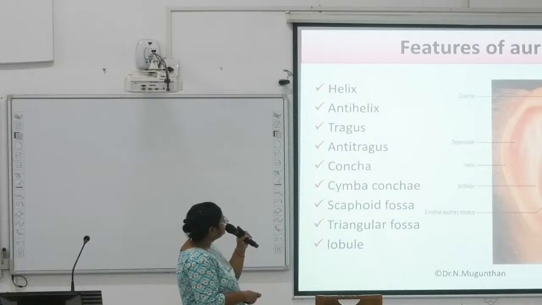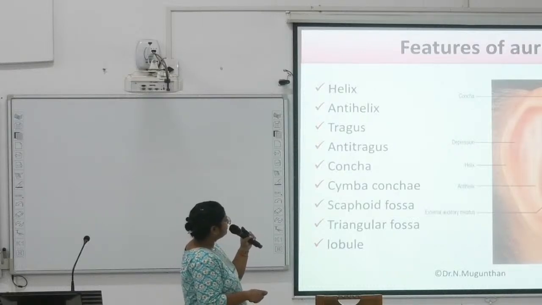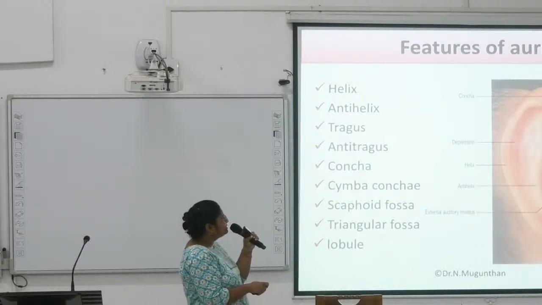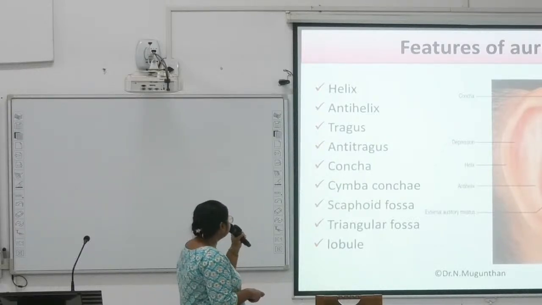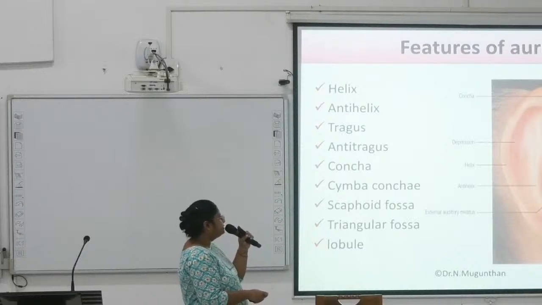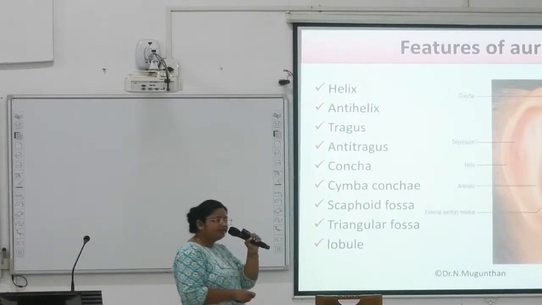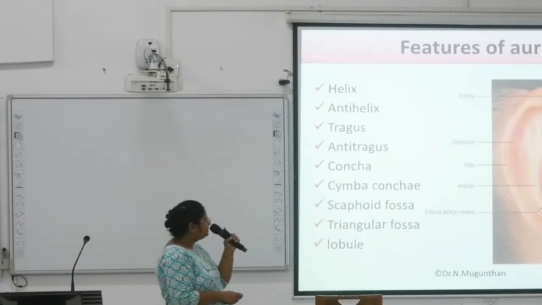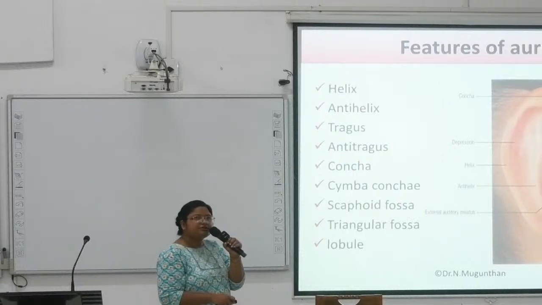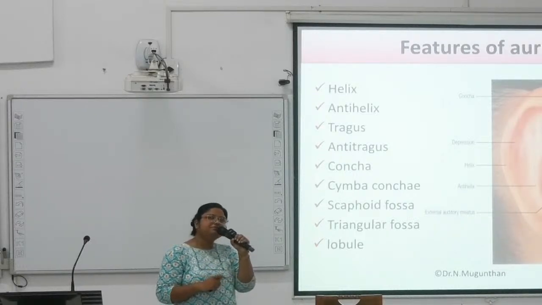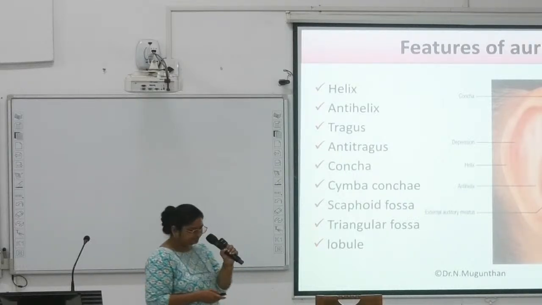Then the triangular fossa. Here above the concha, this depression is known as the triangular fossa. Next is the lobule. In the lower part of the ear where the cartilage is absent, this part is known as the ear lobule. So these are the different parts of the external ear.